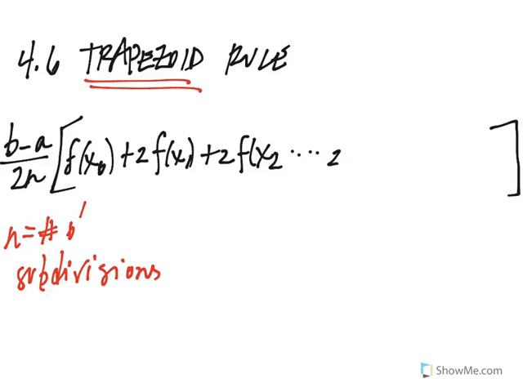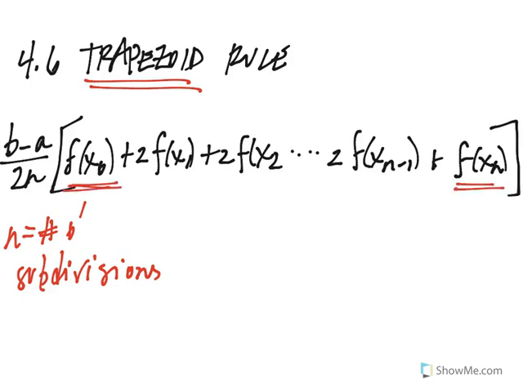And you continue that pattern all the way out to 2 times f of x sub n minus 1 plus 1 times f of x sub n. So as you can see, the two ending y values are not multiplied by 2. Every other value in between is multiplied by 2. And these f of x's are just y values.